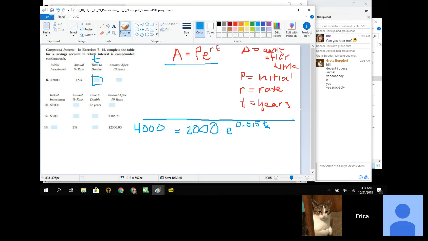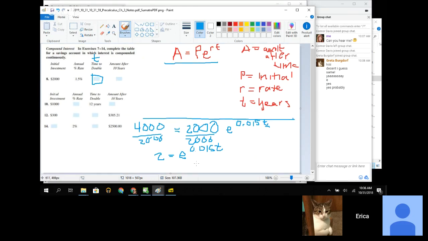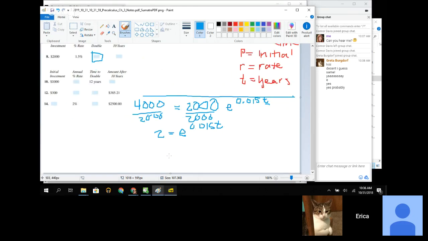The first thing that I want to do is I want to divide both sides by 2,000. So I end up with 2 equals e to the 0.015 t power. Okay. So this is where all of these rules and things we learned about exponents and logarithms come into play.